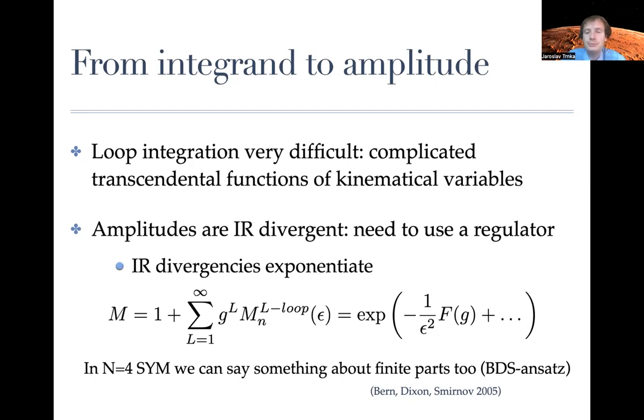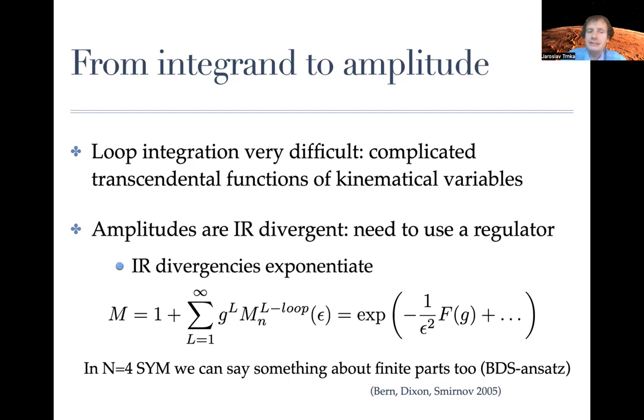Now, in N=4 super Yang-Mills, we can actually say something even more about the finite pieces. This is called the BDS-Ansatz. For 4 and 5 points, there is a definite statement. For 6 and higher points, there are some finite corrections which are unfixable just from the symmetry, because that's basically how they fix it, from the dual conformal symmetry.